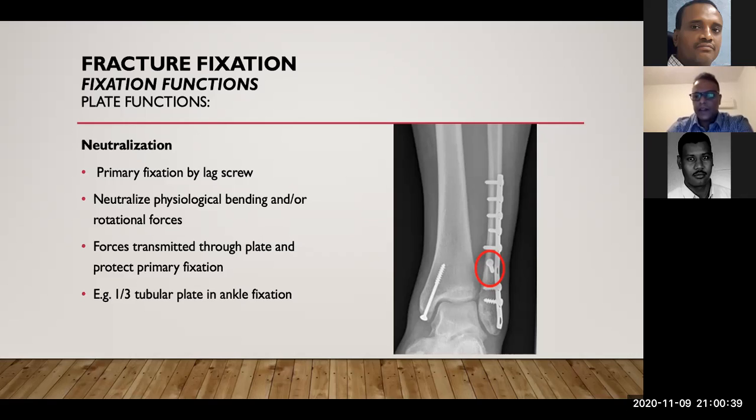However, if all the load comes through it, there will be more movement because the load is bigger than the screw itself. However, we can put a neutralization plate, like a 1/3 tubular plate, and these forces will transmit through the plate and protect our primary fixation.